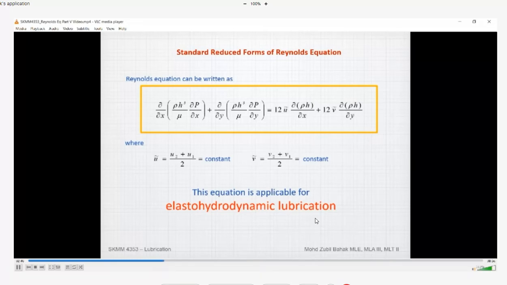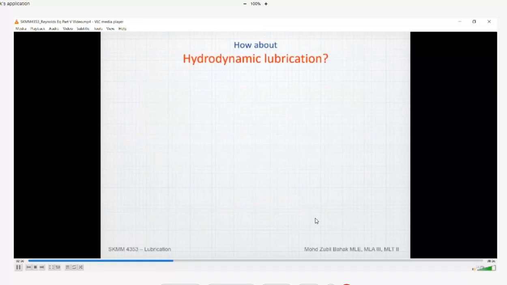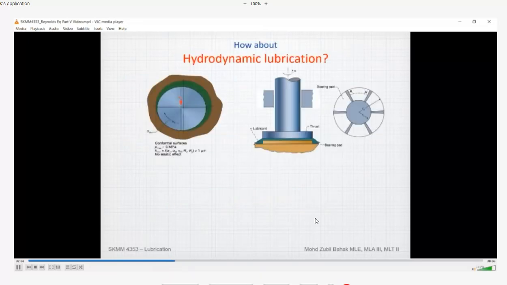But as mentioned at the beginning of this video, our concern is more towards hydrodynamic lubrication. So how about hydrodynamic lubrication? It is applicable, for example, for the journal bearing and also the thrust bearing, which is on the right side here.